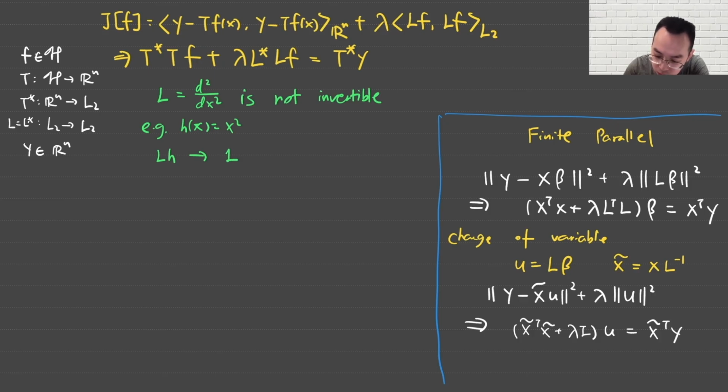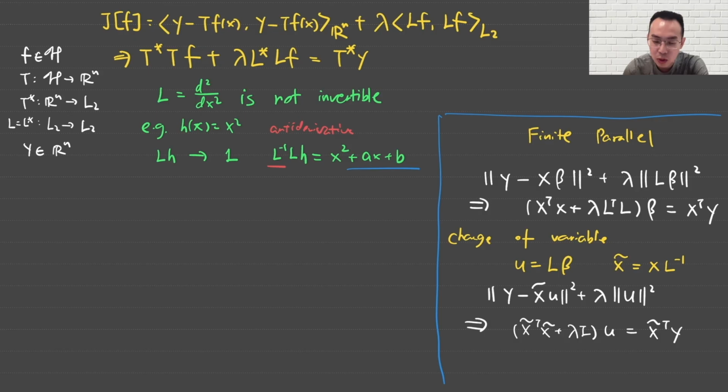But if we want to do L inverse of Lh, that means L inverse is an antiderivative, so we should find the integral of that. And that's going to give us some free variables: it's going to be x squared plus ax plus b. We have these extra terms in the back. So this is why we say L is not invertible, because we have those extra terms.